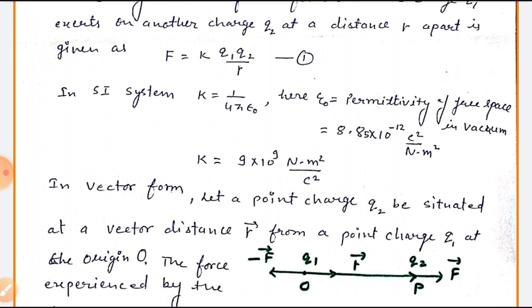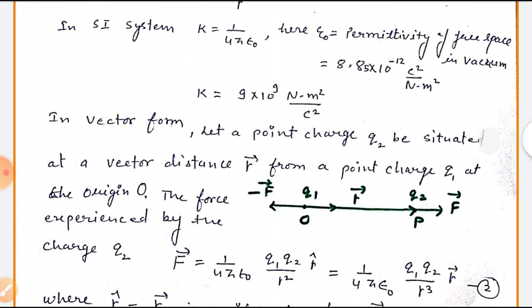This formula of Coulomb's law can be written in vector form as follows. Let a point charge q2 be situated at a vector distance r from a point charge q1 at the origin O. The force experienced by the charge q2 is equal to 1 upon 4 pi epsilon naught q1 q2 upon r square r cap.